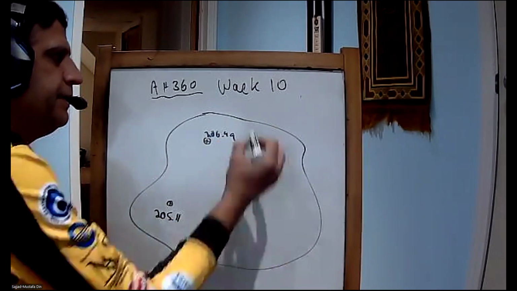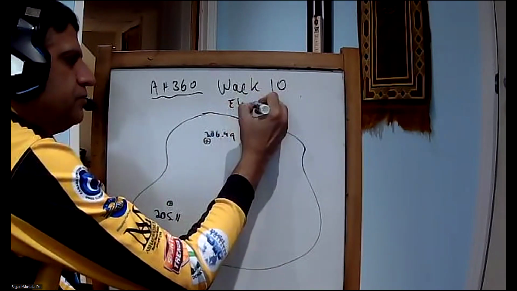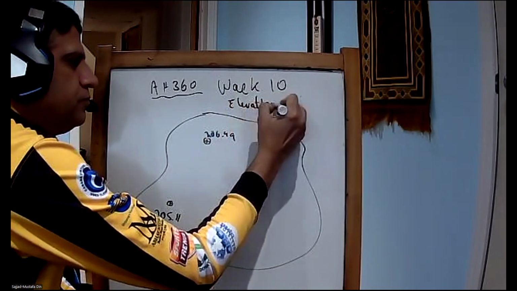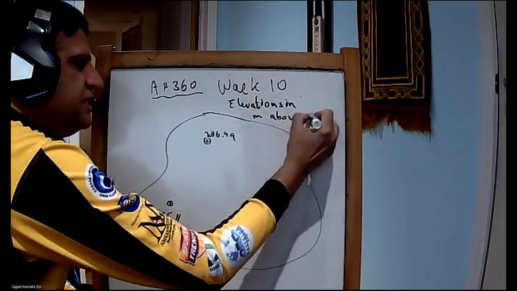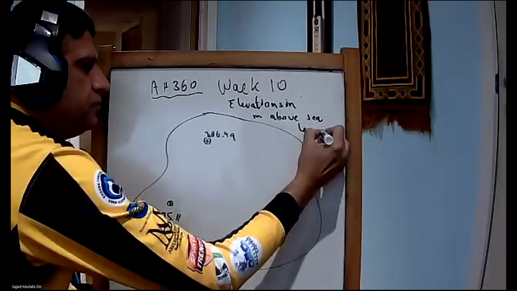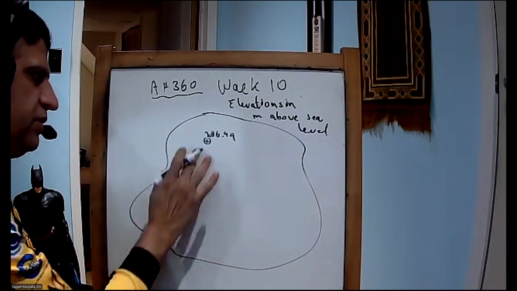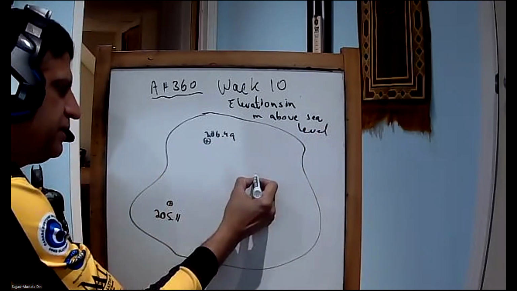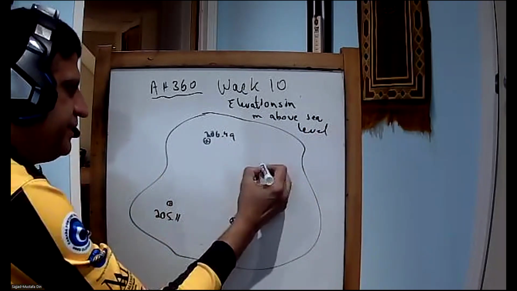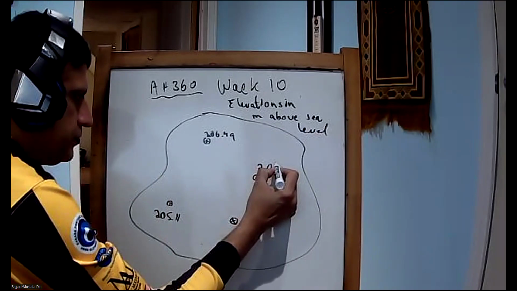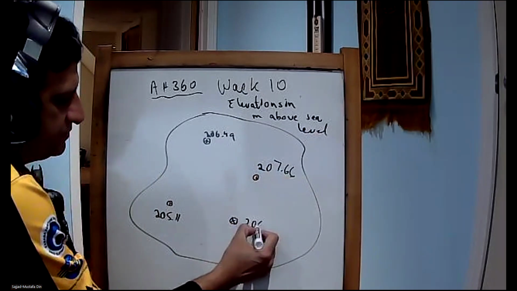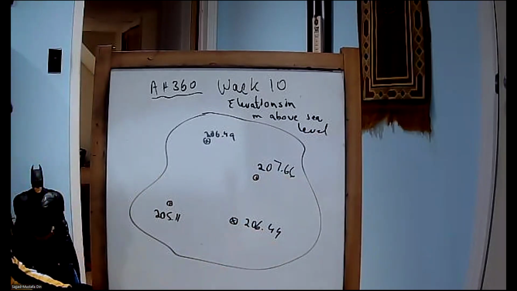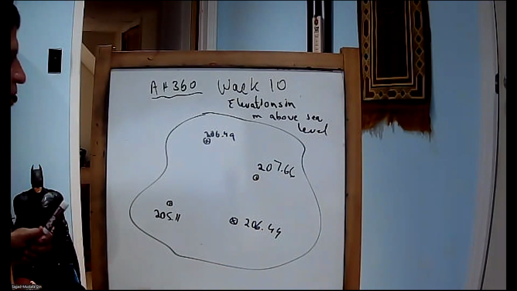So these are all the elevations in meters above sea level. Let's say this is 207.66, and this is 206.44. The computer is going to contour, right?